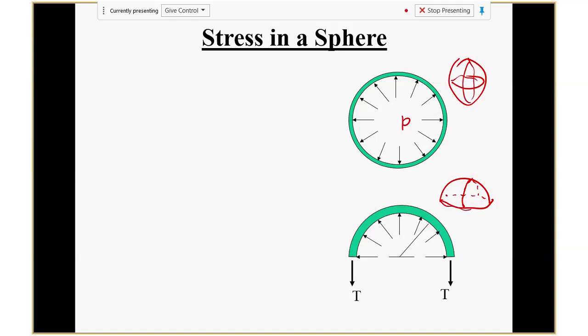What's the stress in the wall? That's the question we try to answer. How can you find the stress in a thin spherical container under pressure P? Well, the one I just showed was for a cylinder, so there should be some small variation you can use for a sphere.